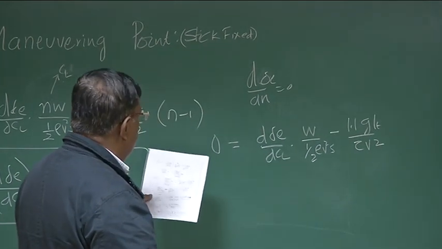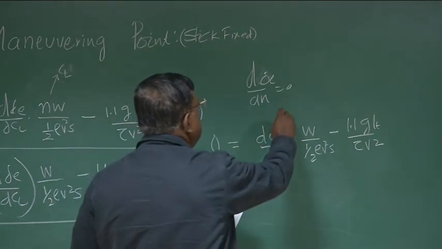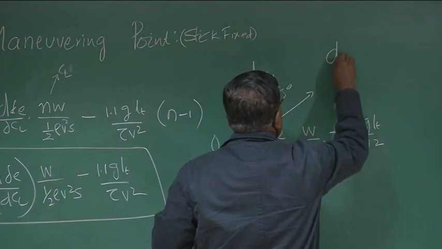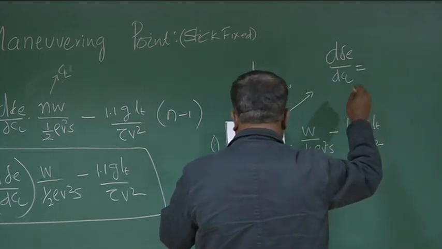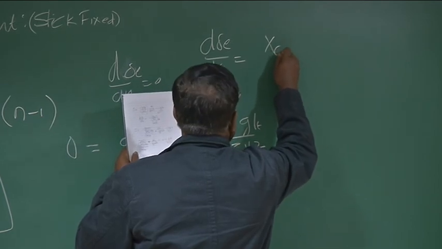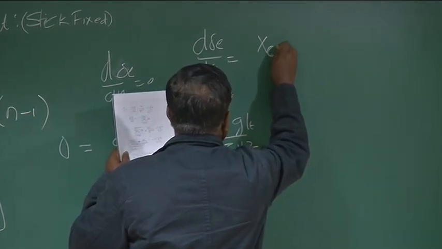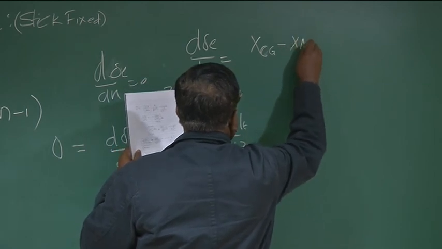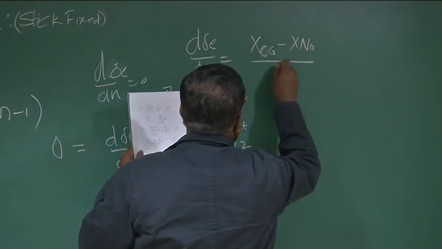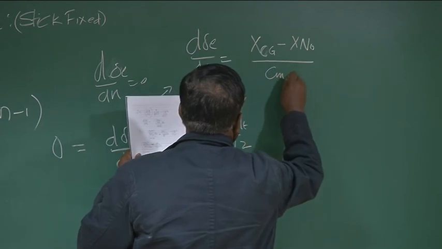So from here you could see d delta E by dCl is nothing but xCg minus x n naught by Cm delta E.